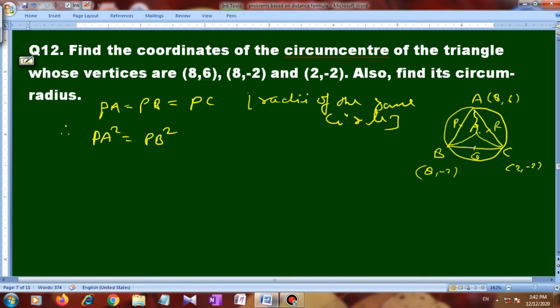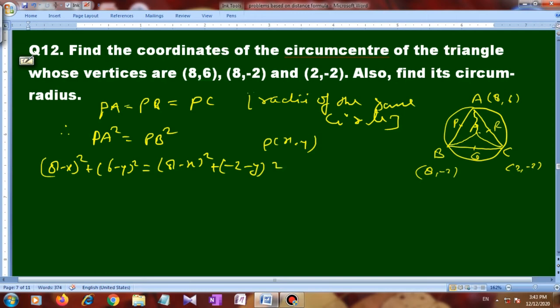Clear? So using the distance formula, suppose the coordinates of P are (x, y). So PA will be (8 minus x) whole square plus (6 minus y) whole square, and PB will be (8 minus x) whole square plus (minus 2 minus y) whole square. Clear?